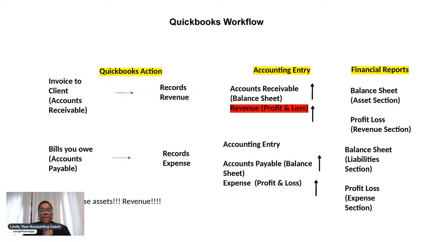As you can see, I have not mentioned the word cash or bank account in either of these two examples. That is accrual basis. No cash has been exchanged. No cash has been deposited. No cash has been taken out. Accrual basis is just recording the transactions, just recording revenue and expenses.